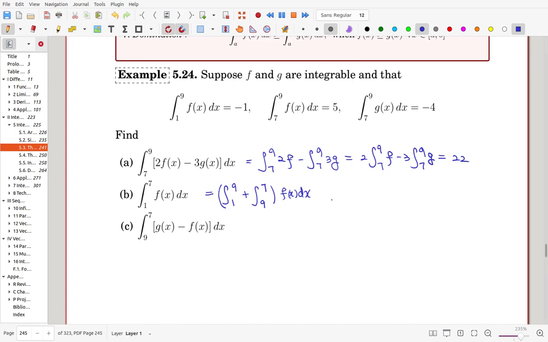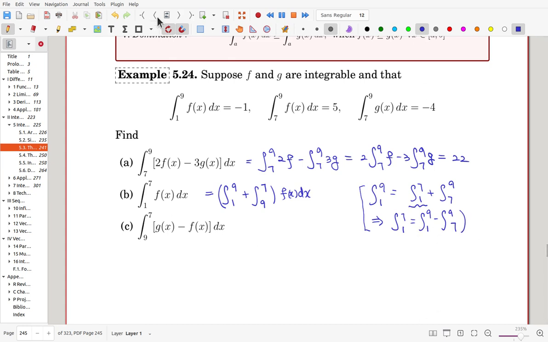Okay. Here, the integral from 1 to 9 is the same as the integral from 1 to 7 plus the integral from 7 to 9. Right? But what we have to get is this one, so from this, the integral from 1 to 7 is the same as the integral from 1 to 9 minus the integral from 7 to 9. Right?